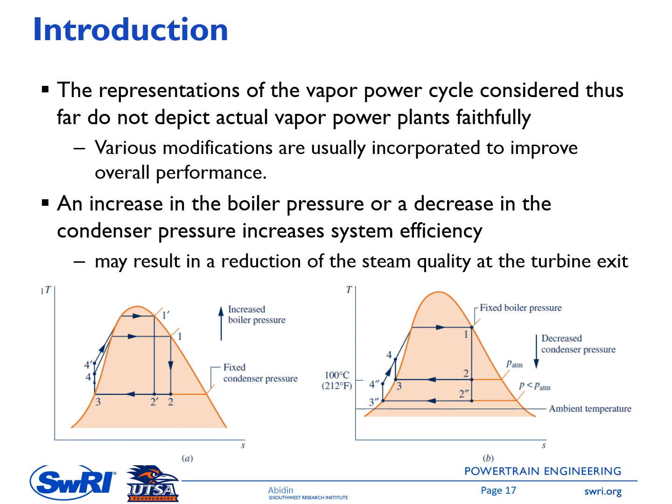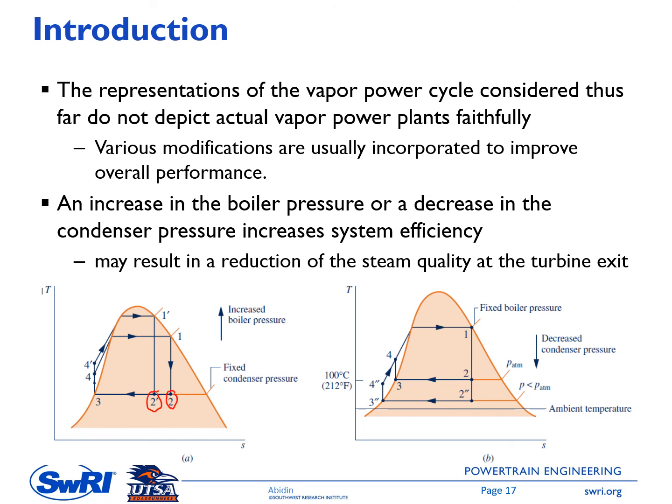You can easily see this in these two figures. On the left side, if we increase the boiler pressure, the state at the turbine exit will be at point 2 prime. If we don't increase the boiler pressure, the state at the turbine exit is at point 2.